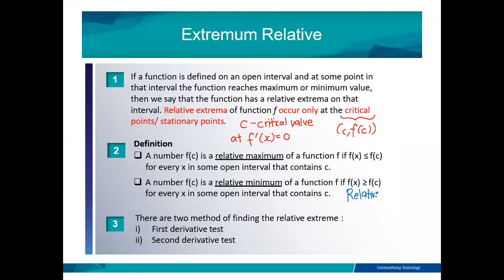The first one is the relative maximum, and the second one is the relative minimum.